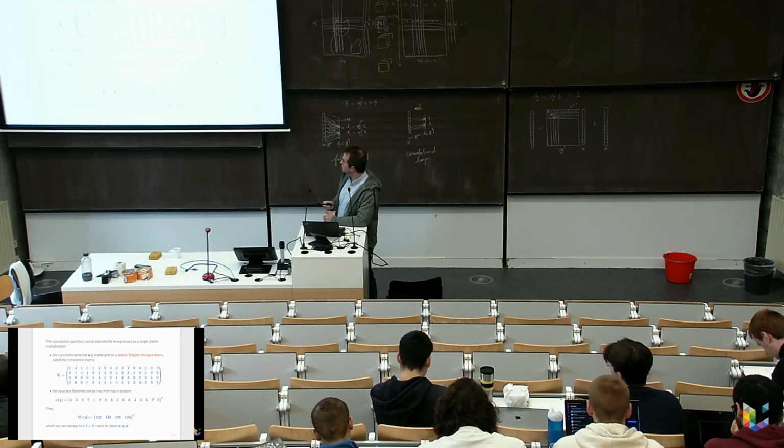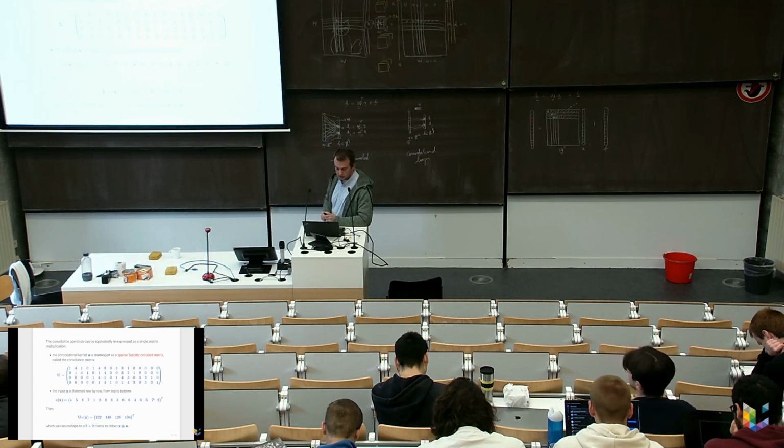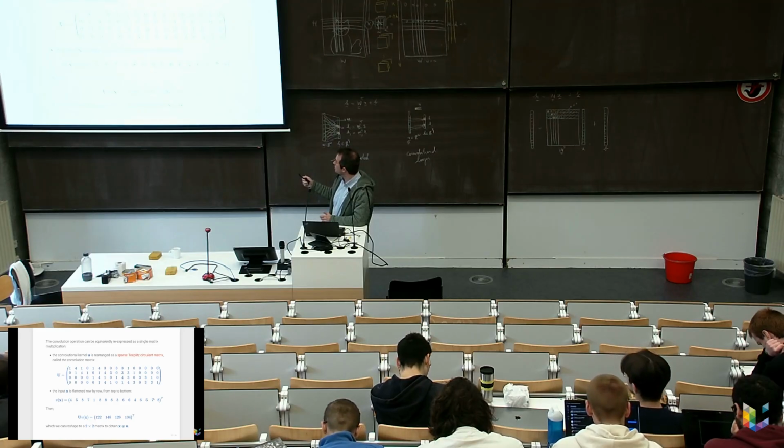Then your input x is flattened. You start from your 2D matrix and flatten it into a long vector, in this case a column vector.